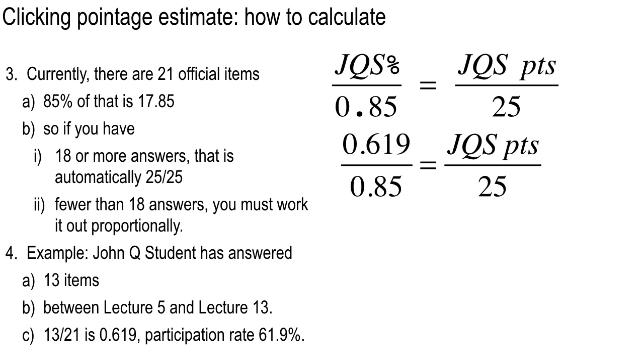85% is considered full participation rate. 25 points is full participation pointage. Melanie. That's separate. Early iClicker, those are bonus points. Remember, we started out with a couple Chuck Norris and Bruce Lee questions, but starting with lecture 5, that's when the official clicking started.